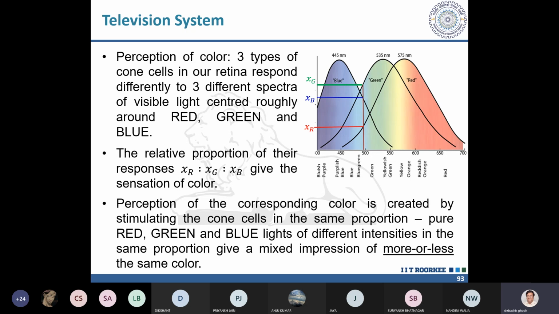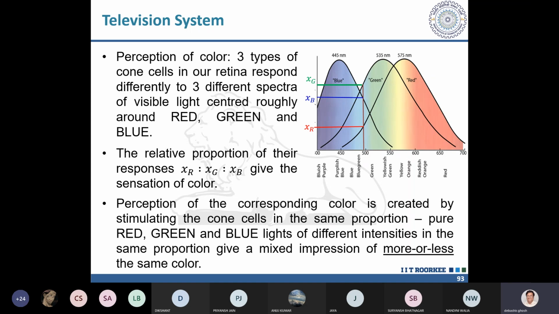So here also, suppose I want to have a particular light of frequency 500, but I cannot produce it on my own. What we do is try to produce a sensation of that particular color.